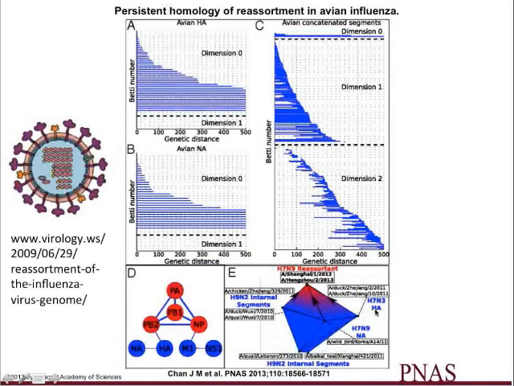So we can also take a look at higher dimensional homology. This right here is an example of dimension 2 homology. These viruses right here are very close, they're close here, and so we've got this closeness in terms of their distances.